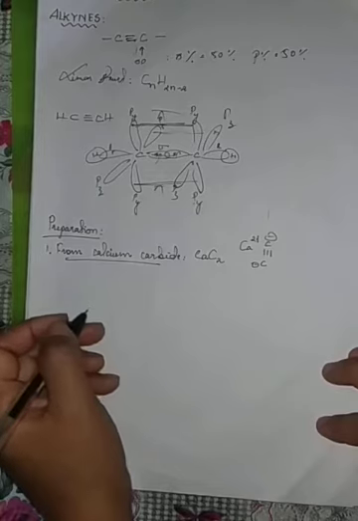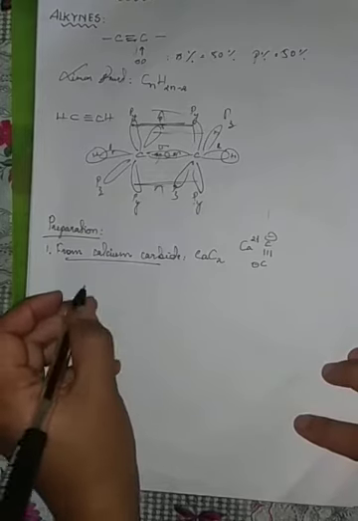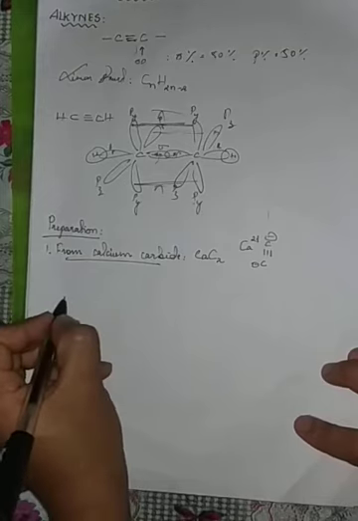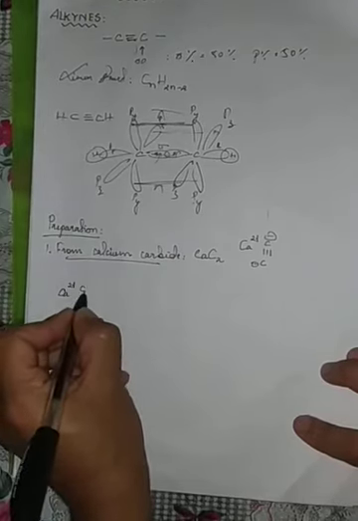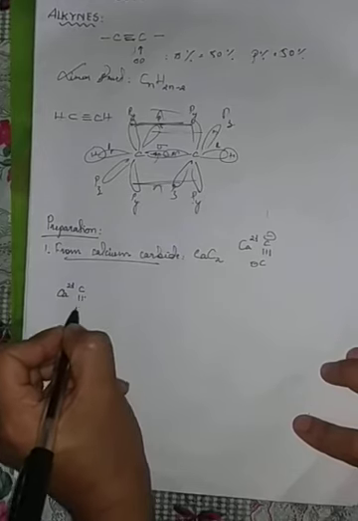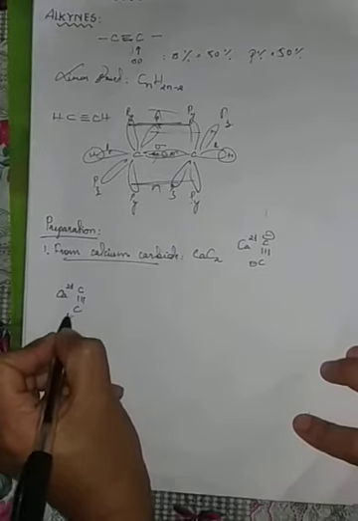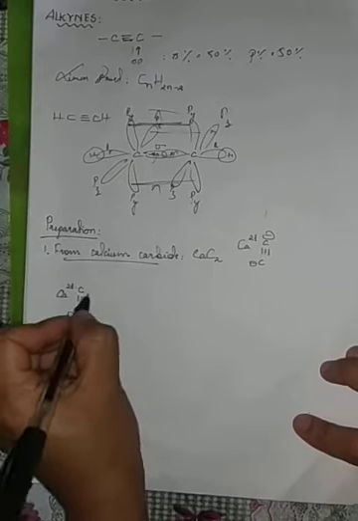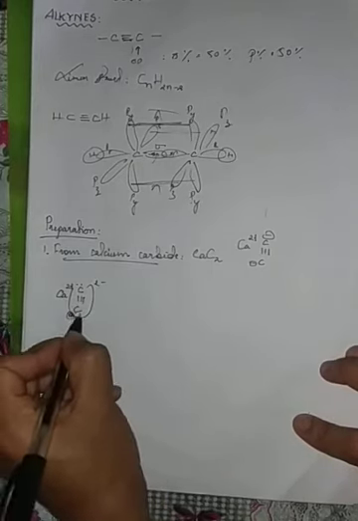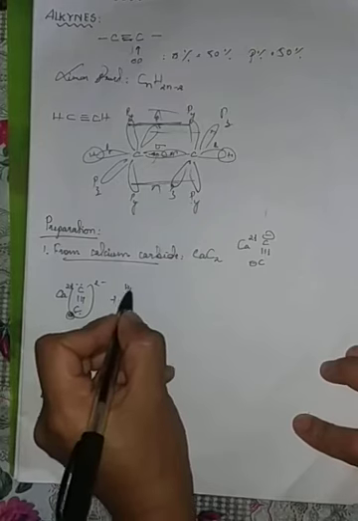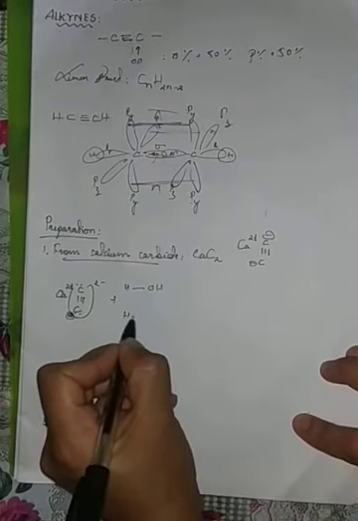Now, how does calcium carbide react with water? This is our calcium carbide. Here we have 2 minus, and it reacts with 2 moles of water.